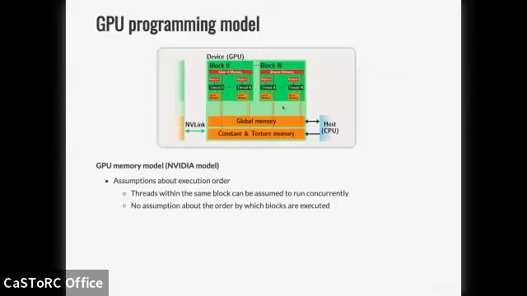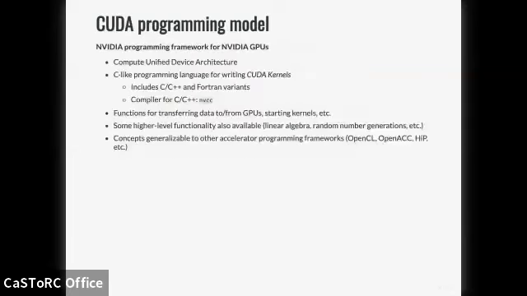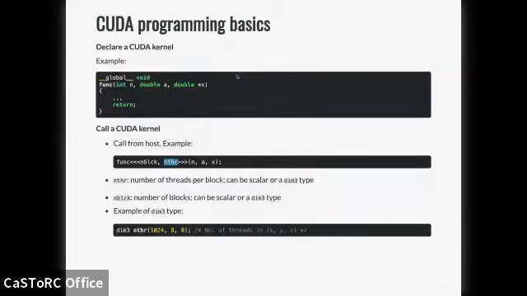And how many of these blocks should it use to run? If you multiply the number of threads per block and the number of blocks, this gives you the total number of threads you're using to run your kernel on the GPU.